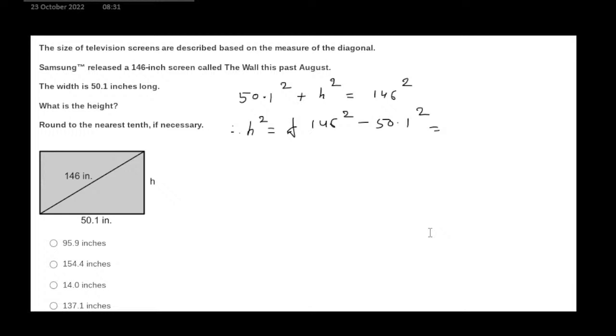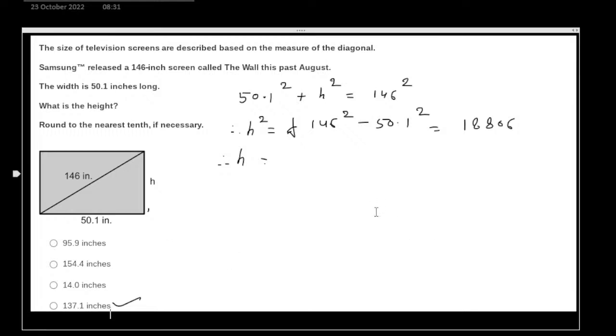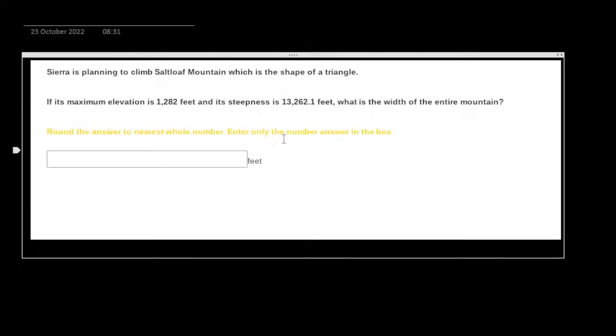Okay, so I will get something like 18806, rounding it, and therefore h will be the square root of the same thing, so the whole power 0.5, and the answer is 137.13. So 137, this last option is your correct answer. So your height is 137.1 inches. Wonderful.